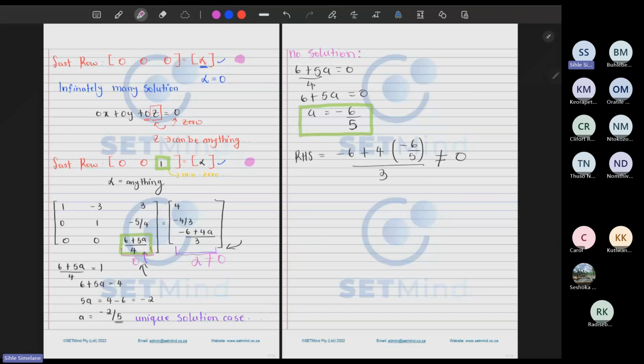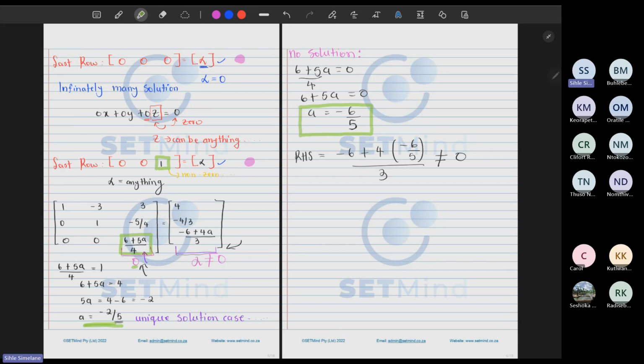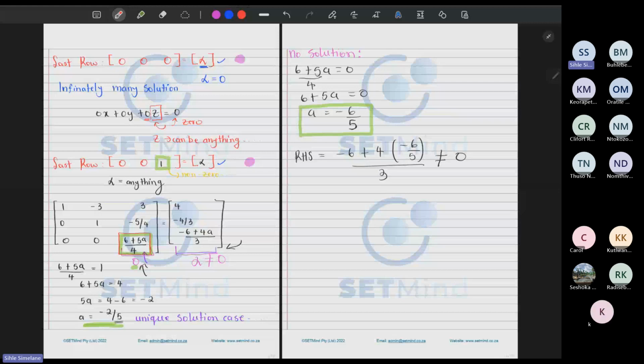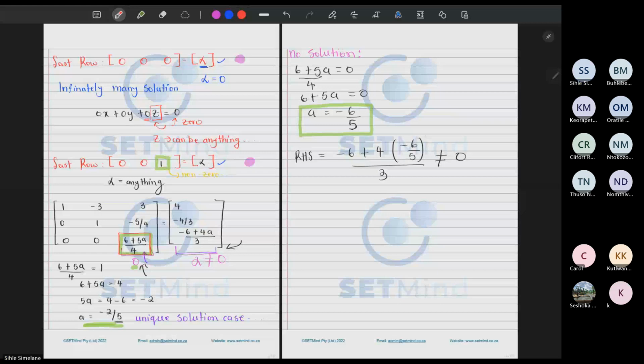So this here would make us have a 1 there. But then the question is, is it the only solution? We need to think carefully, because any number can sit here. Any number can sit there as long as that number is not 0. So this here would give you a no solution if we make that part 0.